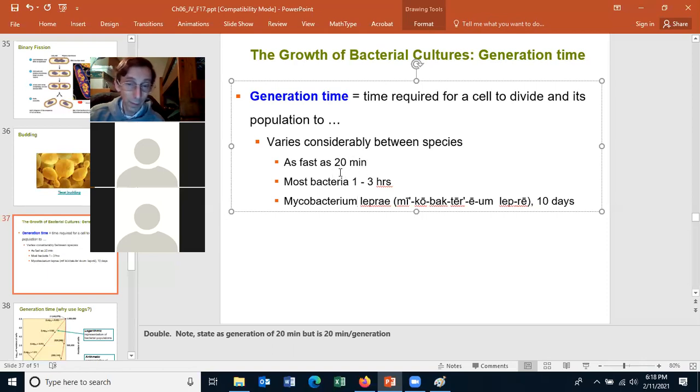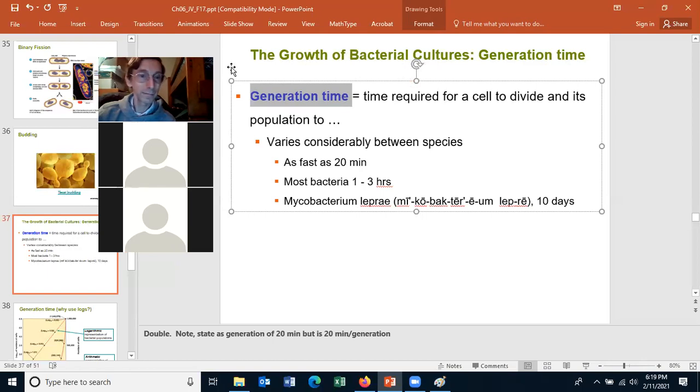It's time per generation. So E. coli has a generation time as fast as 20 minutes per generation. Students frequently get tripped up by generation time. I'm not sure why, because we talk about the human generation time. So remember, it's time per generation.